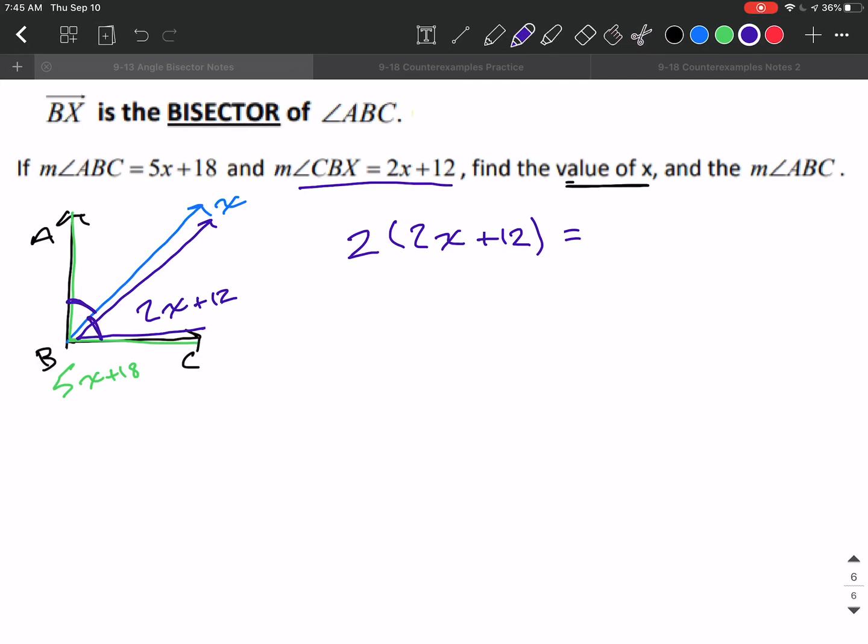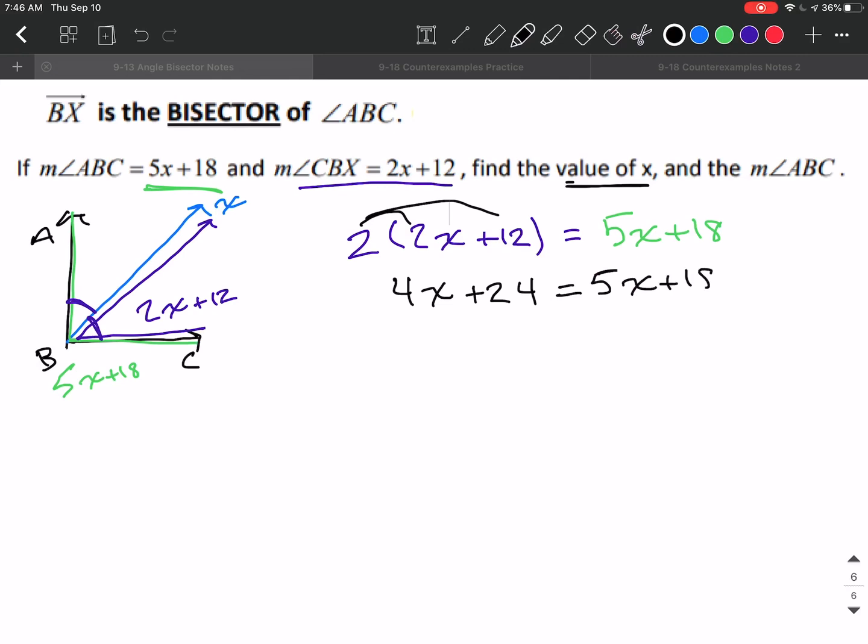And we know the measure of ABC is 5x plus 18. So a little bit of algebra. With this 2, I need to distribute it to both parts. So 2 times 2x, 4x. 2 times a positive 12 will be plus 24. And that will still equal 5x plus 18.